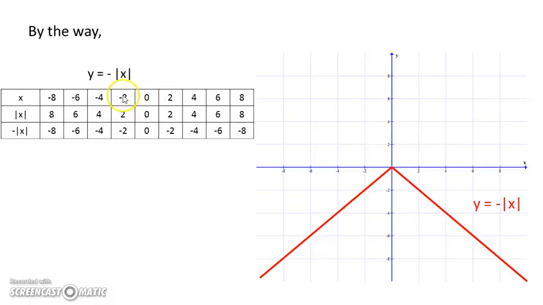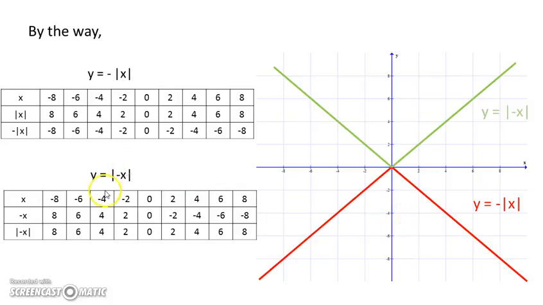By the way, if you have y equals negative absolute value of x, it's just the same thing flipped over. All the positive y values have now become negative, as you can see in the table here. So it's reflected in the x-axis. In another video, we'll talk about how if you put a negative in front, it is a reflection in the x-axis.